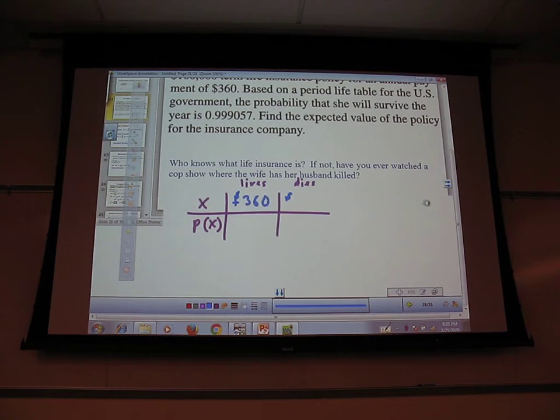If she dies, they lose 100,000 but they get 360, so really that's going to be negative 99,640. What's the probability that she lives? 0.999057. Great. So the probability she doesn't is 1 minus that.